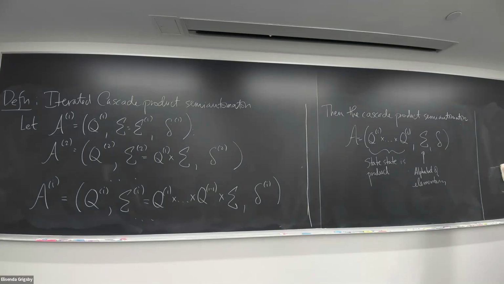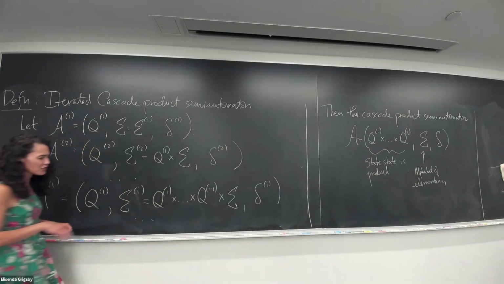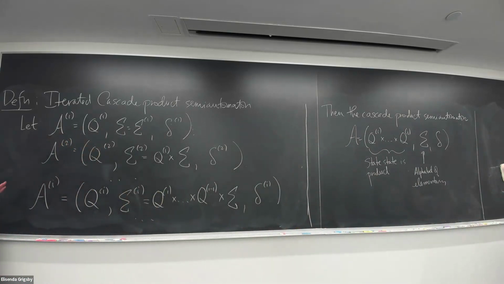Wait, so to clarify, each A_i is simulated by a transformer, and then also the final cascade product takes the answers from those transformers. Yeah, it puts them together somehow. The transformer structure seems to play nicely with this kind of cascade structure, I think largely because you have attention blocks that you can also circumvent using skip connections.